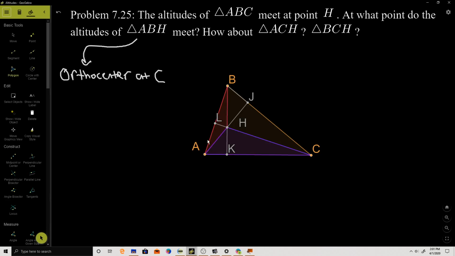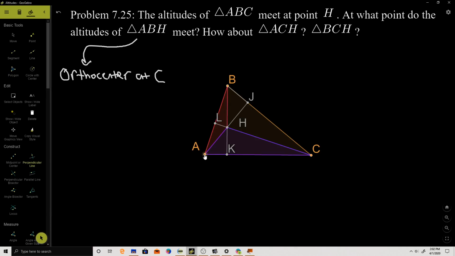Alright, so let's draw the altitudes of ACH. Well, the same logic, I know that HK has to be the altitude from H because it's making that 90-degree angle and it's a part of the altitude BK. So now I just have to find the altitudes for the other vertices.